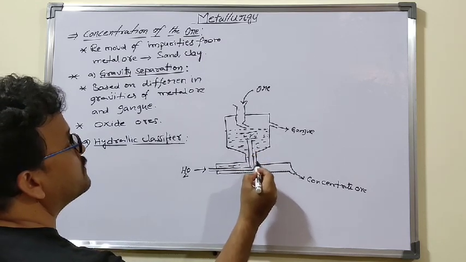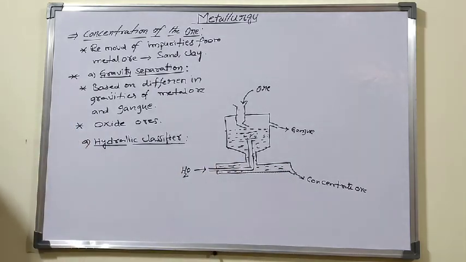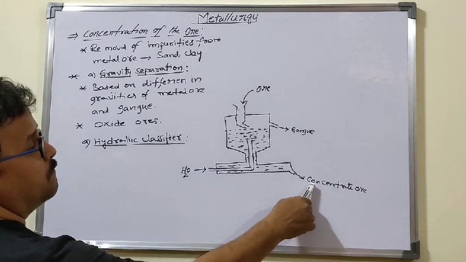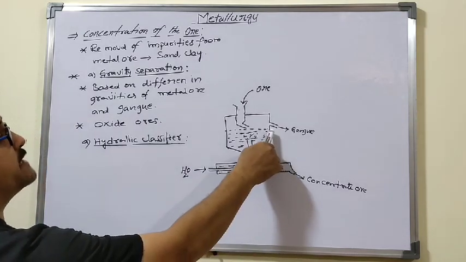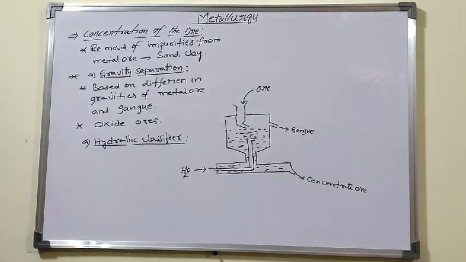Heavier particles of metal ore are collected from the bottom, and lighter gangue particles are collected from the top of the reservoir. This is the method in gravity separation.